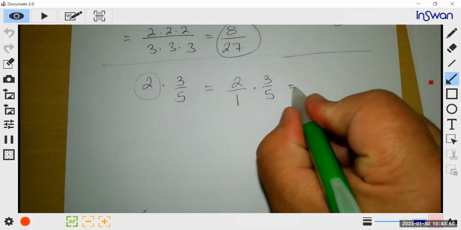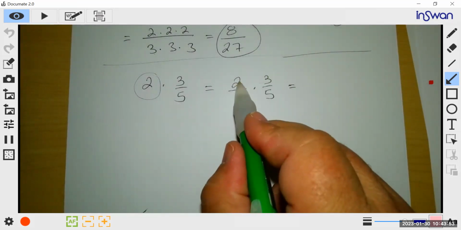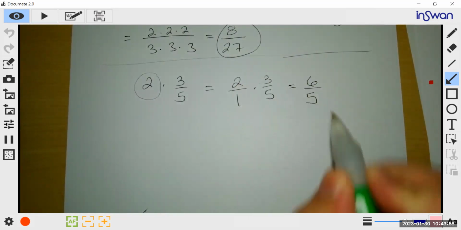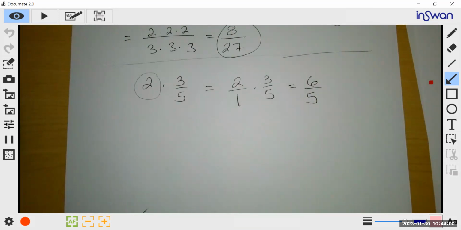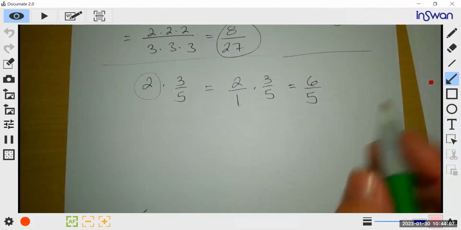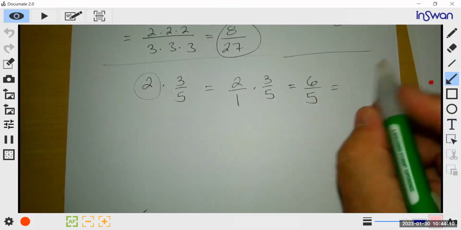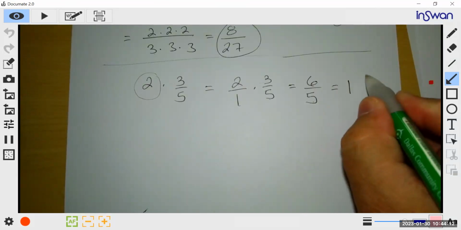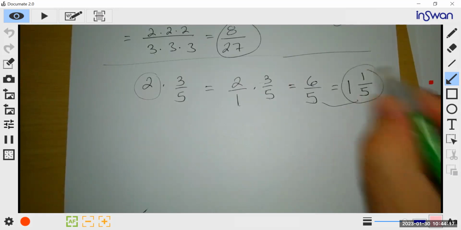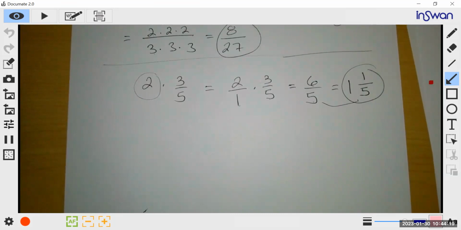No. Since nothing does, then we have to multiply straight across. 2 times 3 is 6. 1 times 5 is 5. Are we done? No, it's an improper fraction. So how many times does 5 go into 6, with how many left over? The denominator. There's your answer. So it doesn't matter what you multiply it by, it's still going to give you the same answer.